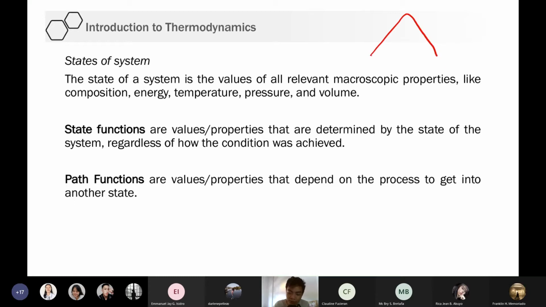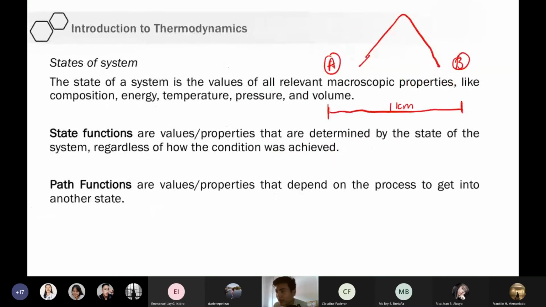Kunwari may bundok. Okay. So this is point A, this is point B. Okay? Let's suppose the distance is 1 kilometer. Ganyan na lang.